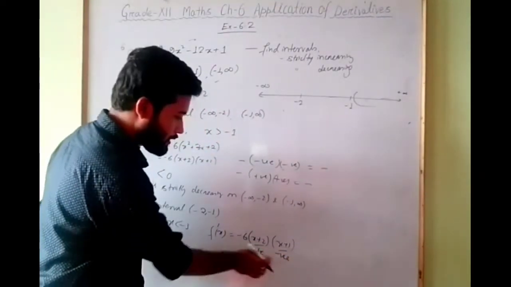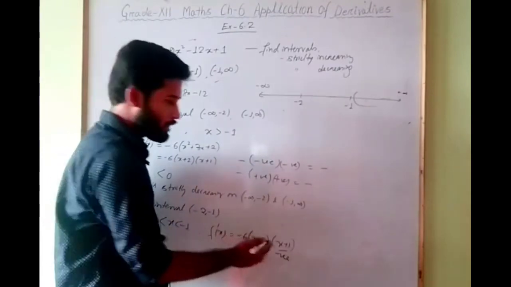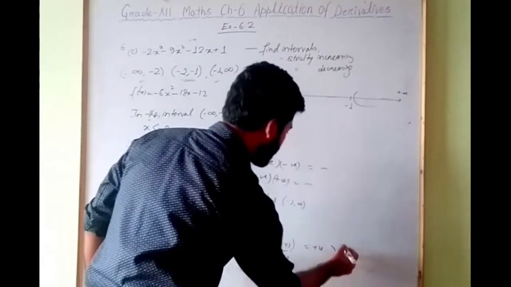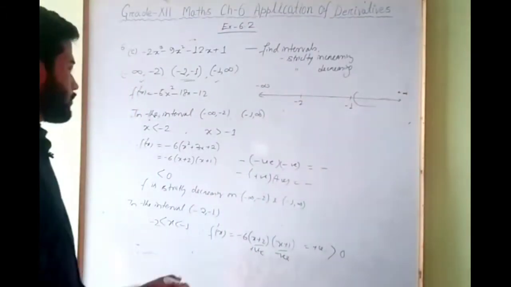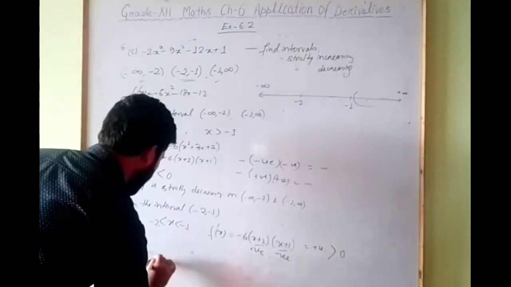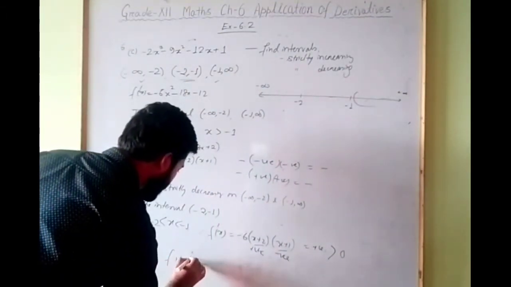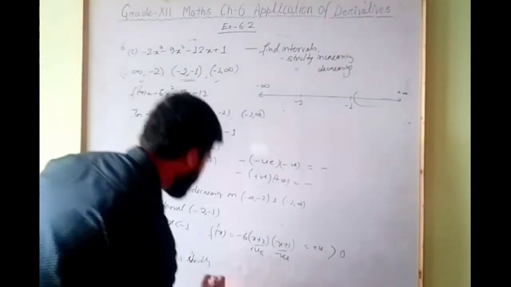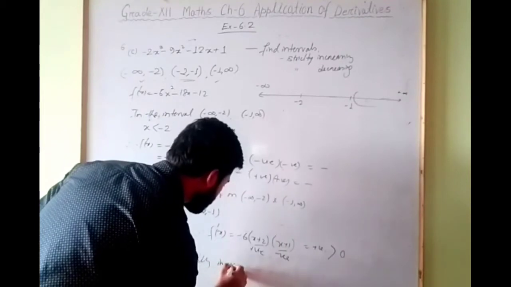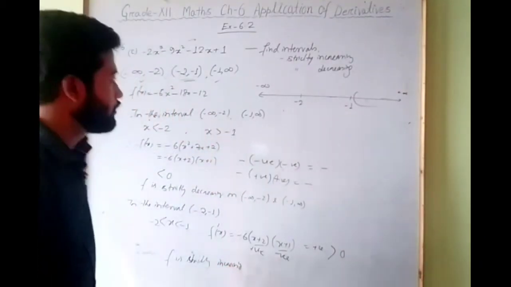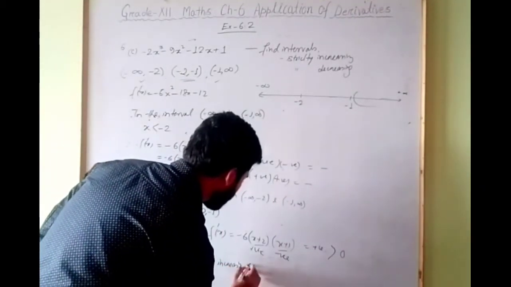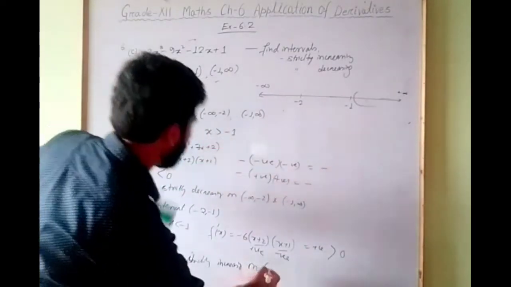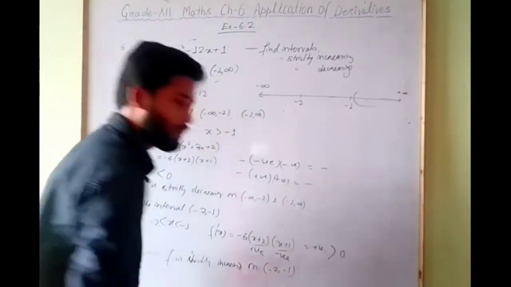So positive into negative will give us positive, and hence we can say that this is greater than 0. Therefore f is strictly increasing on the interval minus 2 comma minus 1.